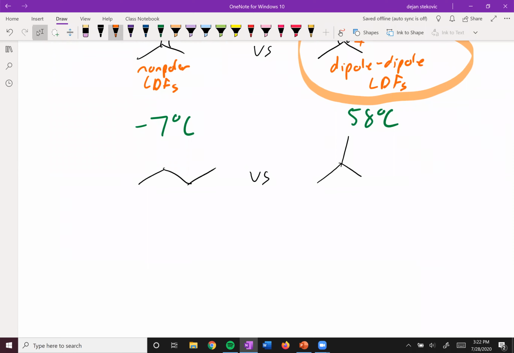Next up, we have these two carbon-based molecules. They're both 4 carbons, and so they look overall pretty similar. So they both only have LDFs, and they're both approximately the same size. If you look at the formula for both of them, it's actually exactly the same. And so size isn't a factor here, but what is a factor is the surface area, right?